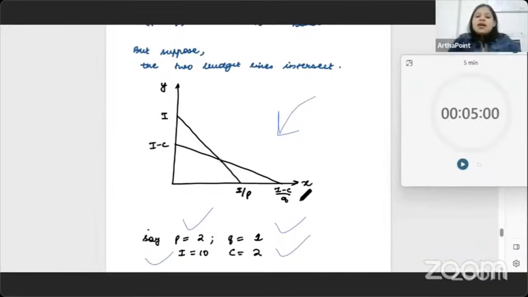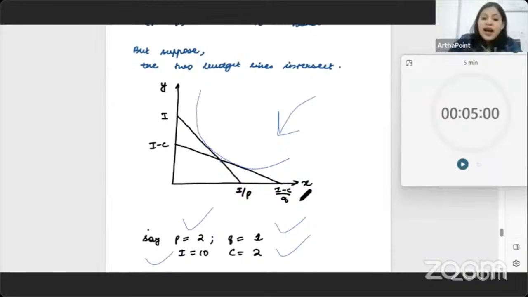Now you may say, ma'am, if these two are intersecting, then there is a common bundle. So if I find the difference between the two budget lines, that equation comes back into the picture. But beta, that's also not correct. In this case also, when I find the optima of the two budget lines, I have to find an IC which is tangent to both the budget lines.